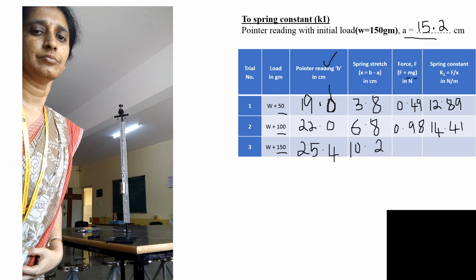The force is 150 into 10 to the power of minus 3 into 9.8, which comes out to be 1.47. 1.47 divided by 10.2 into 10 to the power of minus 2 appears to be 14.41.